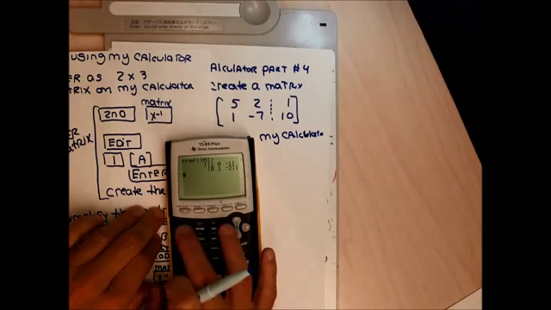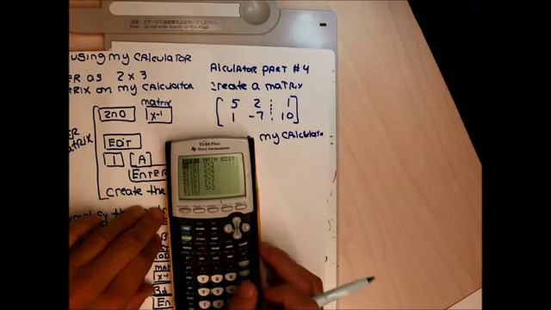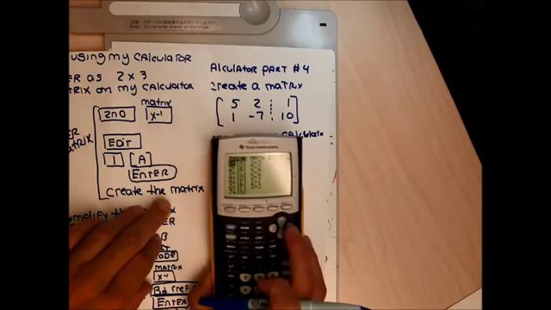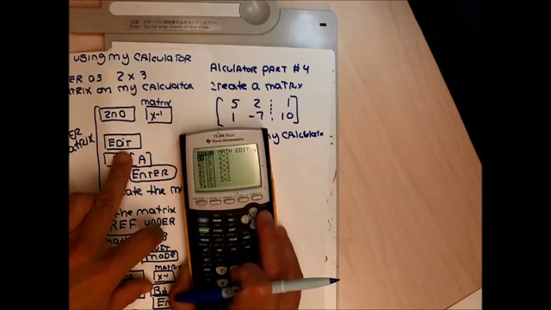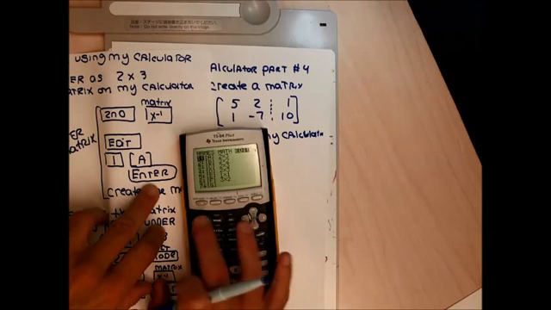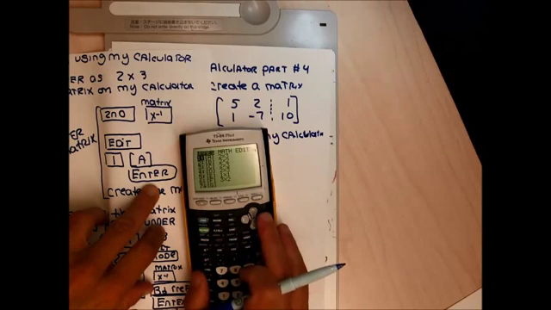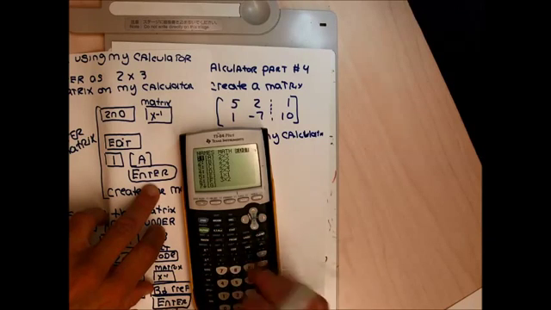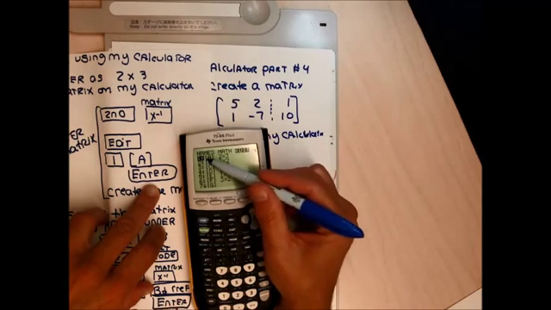I arrow over to edit, and I have the 1 and the A highlighted, and I hit enter. So I did second matrix, arrowed over twice to edit, and I'm going to hit enter because the edit is highlighted and the 1 is highlighted.